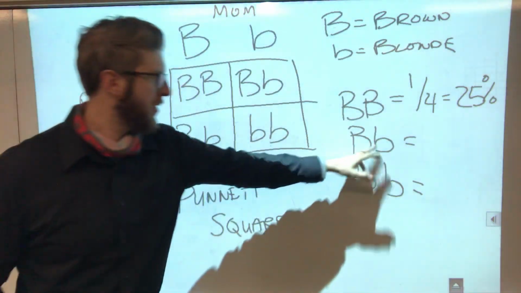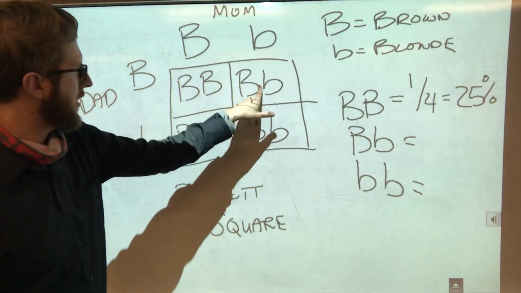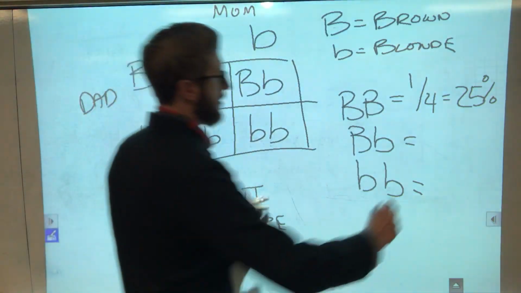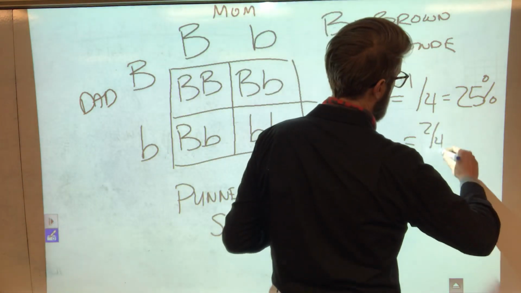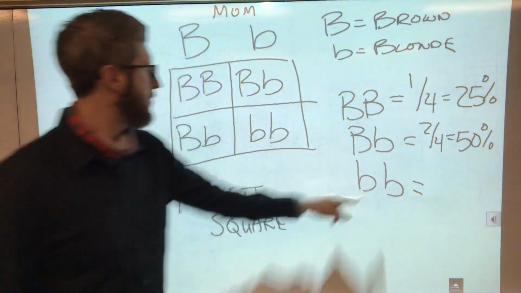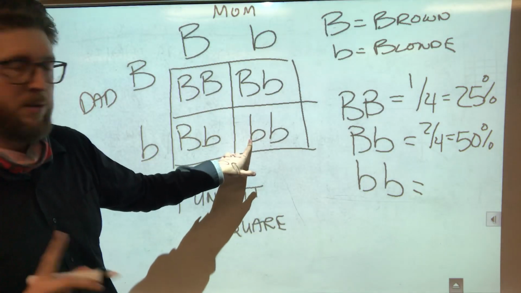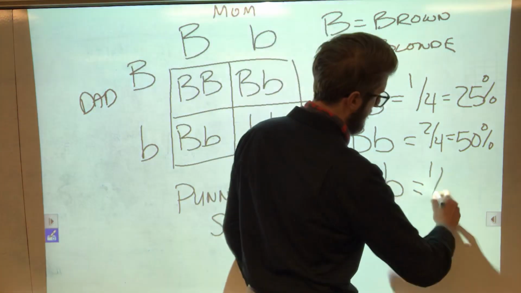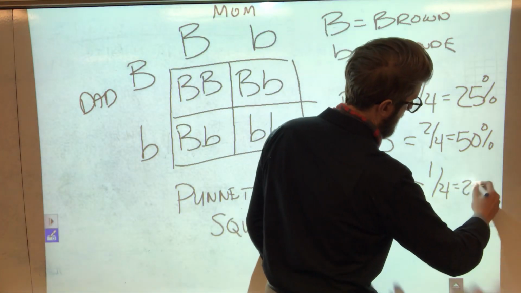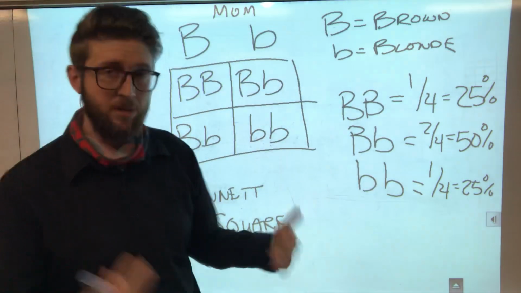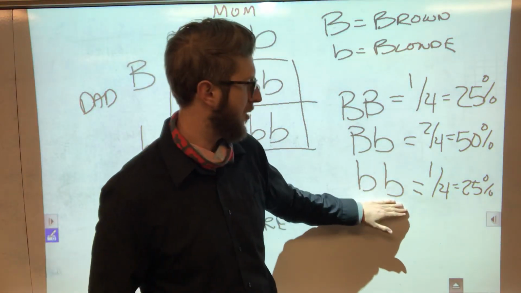What about big B, little b? There's 1 there and 1 there, so that's 2 out of the 4. So 2 out of 4, that's 50%. And little b, little b, there's just 1. 1 out of the 1, 2, 3, 4 is little b, little b. And so there's a 25% chance that the offspring or the kids will have blonde hair.